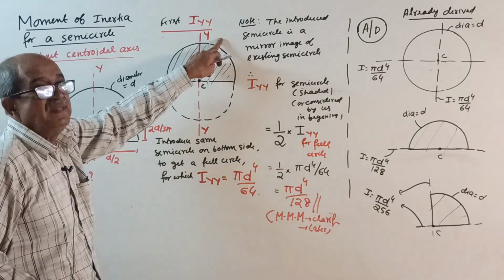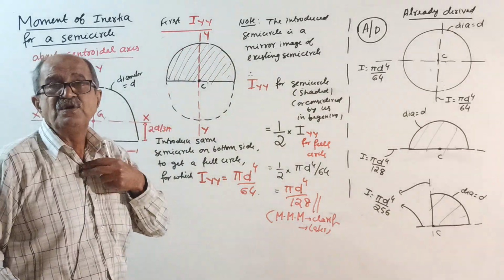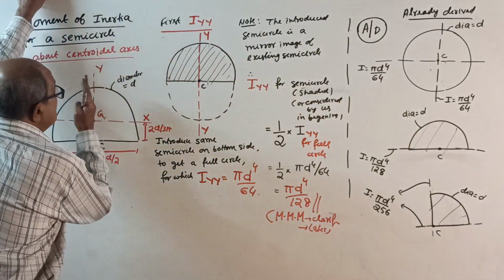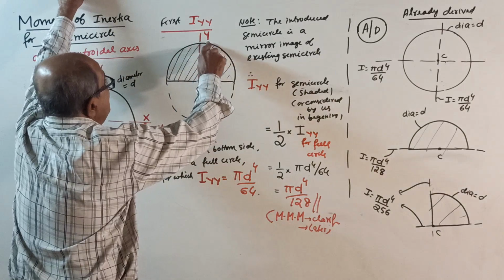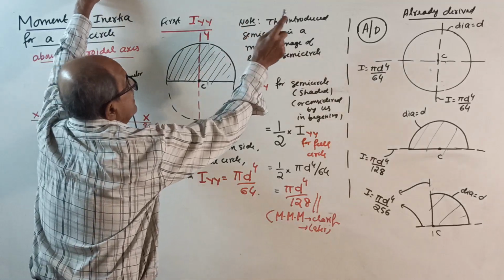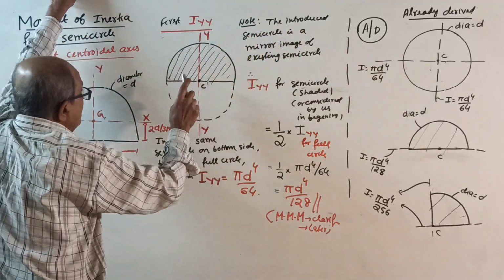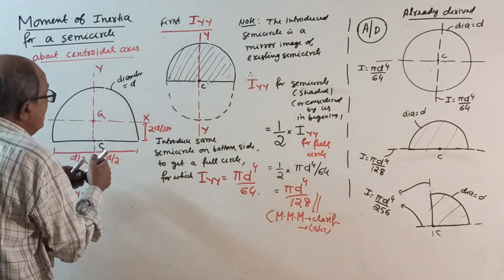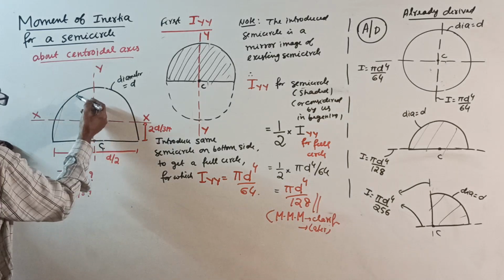First we will do Iyy. There is a reason. Ixx has some calculations, so first I will do the easy one. I about yy. Okay, start. This is the shaded part. Note, the shaded portion is our semicircle.